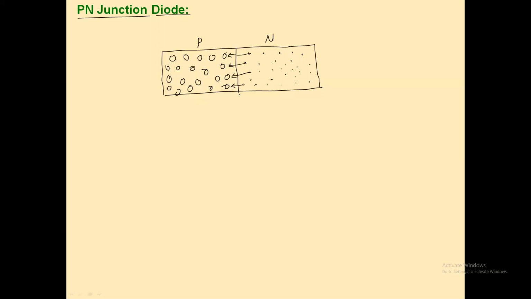This is called the boundary of a p-n junction. So when the free electrons from the N region cross the boundary and enter the P region, what is present in the P region? That is nothing but holes.